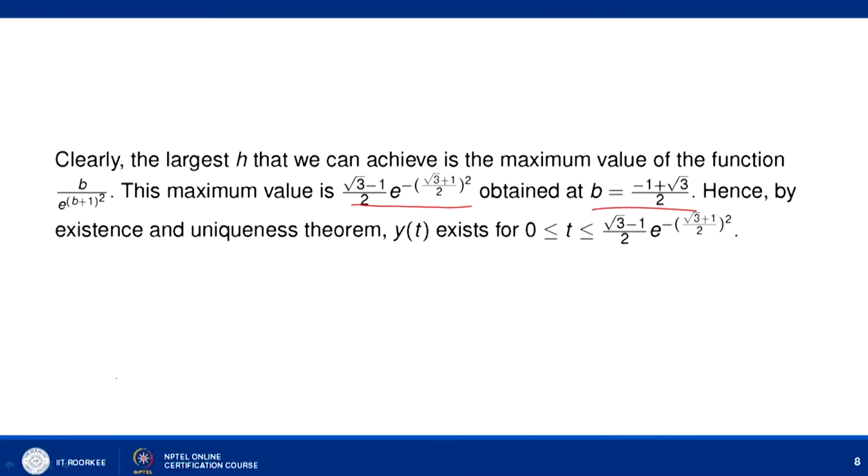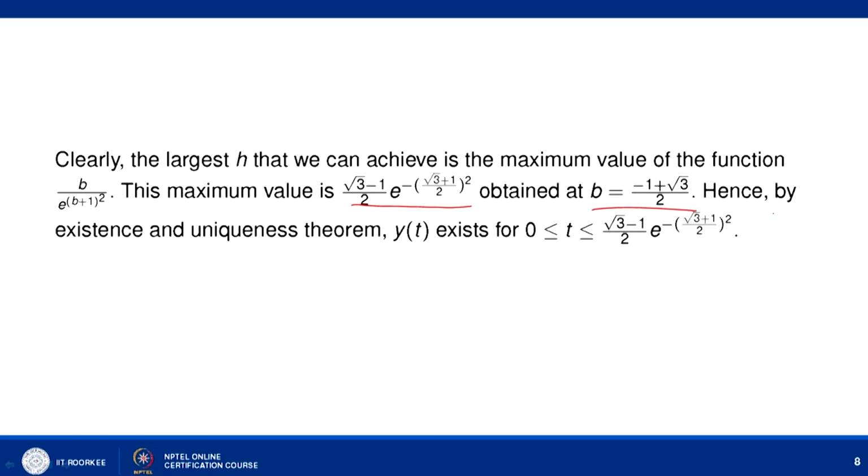So, we have shown that the maximum value is achieved by b into e to the power minus (b plus 1) whole square. Now, b is given as root 3 minus 1 by 2, e to the power minus (b plus 1) is given by root 3 plus 1 by 2 whole square. So, here we have achieved the maximum value of b upon e to the power (b plus 1) whole square as this value, and which is the same as a.